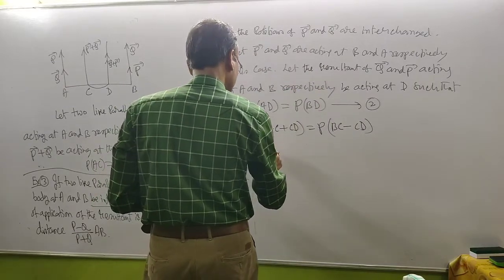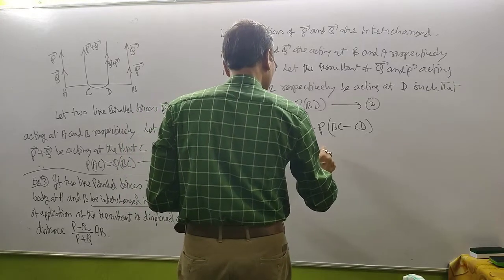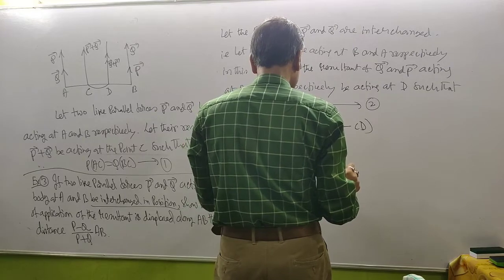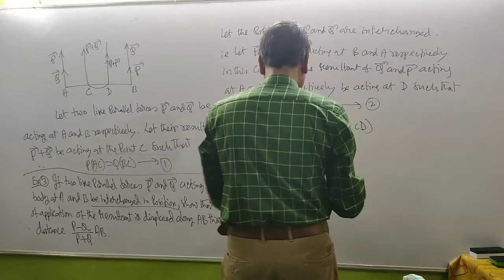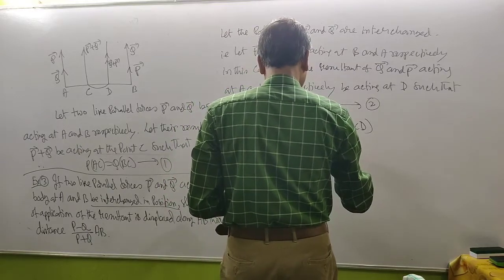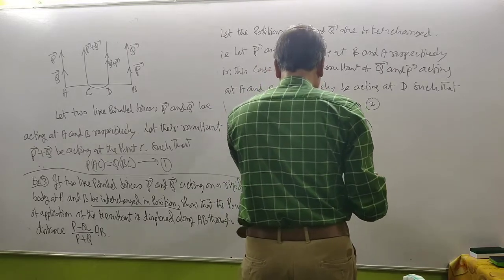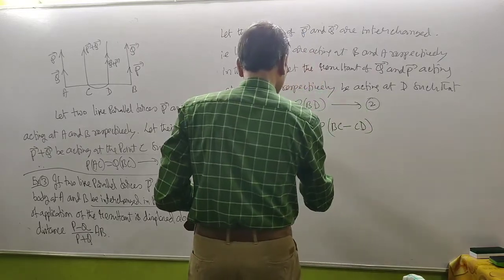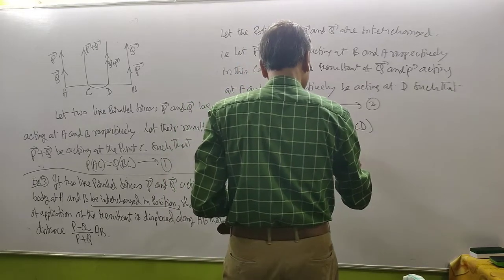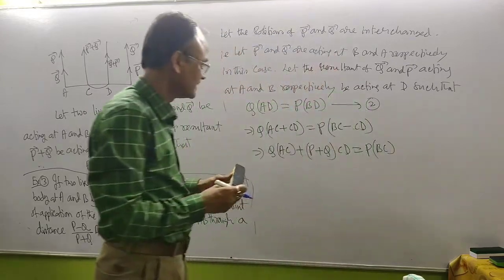Or Q into AC plus Q into CD equal to P into BC minus P into CD. You may write like this.